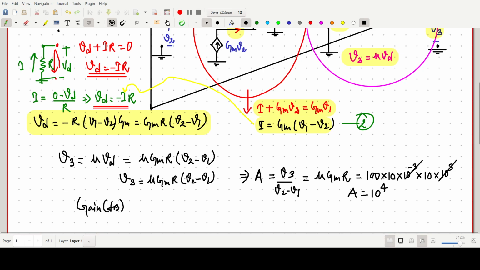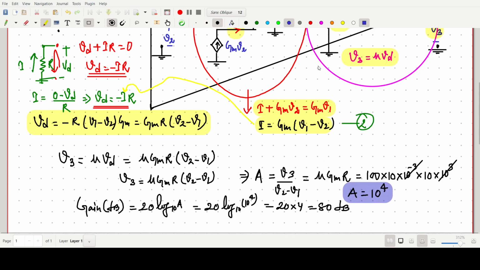One can write simply 20 log base 10 of A, so this would be 20 log 10 to the power 4, so it should be 20 into 4, 80 dB. So the final answer for this one, the gain will be 10 to the power 4, and gain in dB will be simply 80 dB.